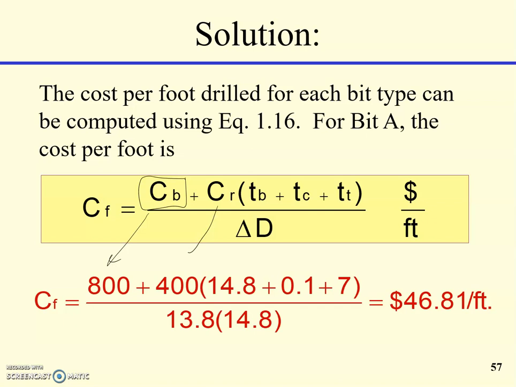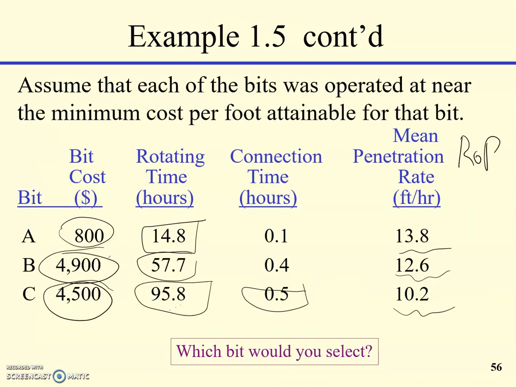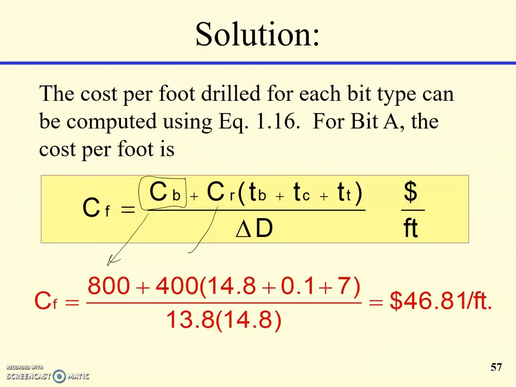On the other hand, you need to calculate the depth that can be drilled with that single drill bit, right? If we go back here, you can see that the rate of penetration is 13.8 feet per hour, and the rotating time that you have with that drill bit is 14.8 hours. So feet per hour, which is the penetration rate, multiplied by how many hours of rotation you have, right?